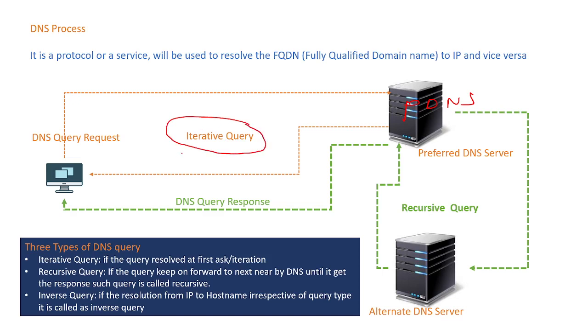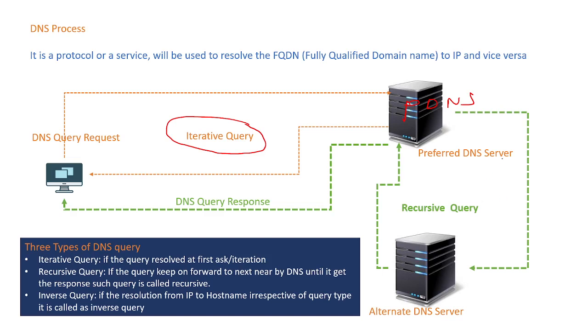Sometimes the preferred DNS may not know the particular website's IP address, or it may not find the record for that Passport Seva Kendra website. It will say, I don't know that information, but I have a friend called the alternate DNS server. I can forward your query to that friend.